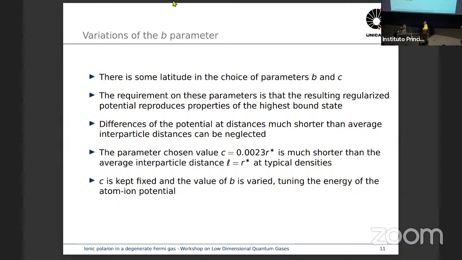We choose in this work the parameter C much smaller than the interparticle distance at typical densities where we do our calculations and hopefully some experiments. What we do is to keep C fixed and change the value of B. So what we are doing is tuning the depth of this regularized potential.